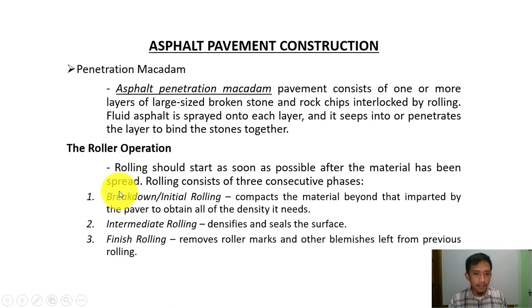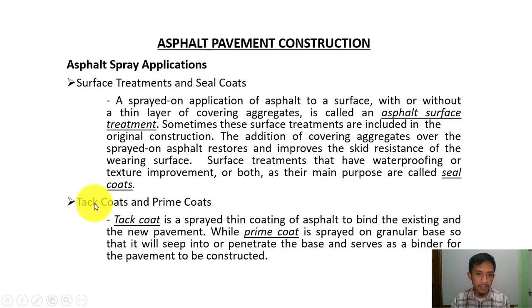Now we have the next one, the tack coats, another type of asphalt spray application, which will be related with what we call prime coats. So we are now referring to coatings. A tack coat is a sprayed thin coating of asphalt to bind the existing and the new pavement.